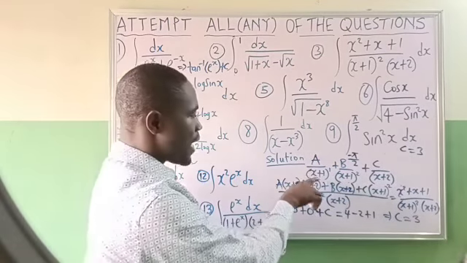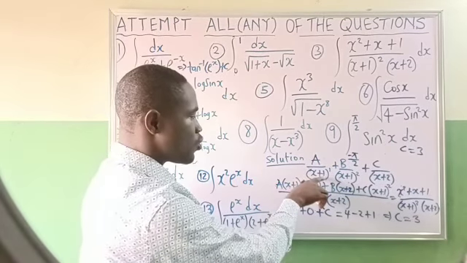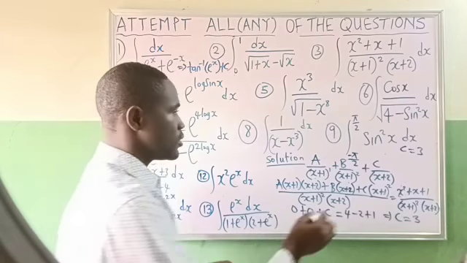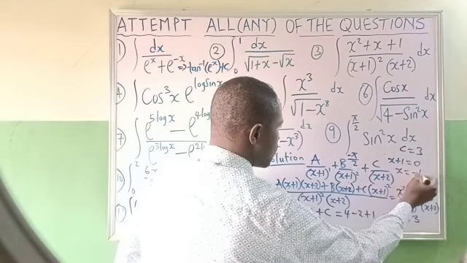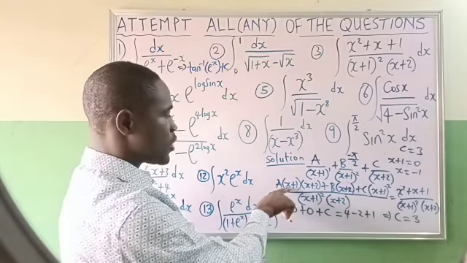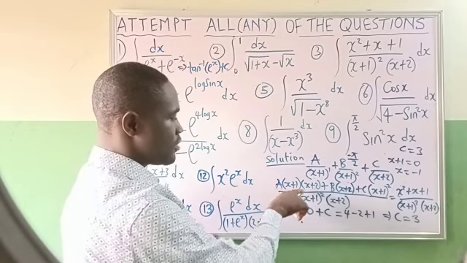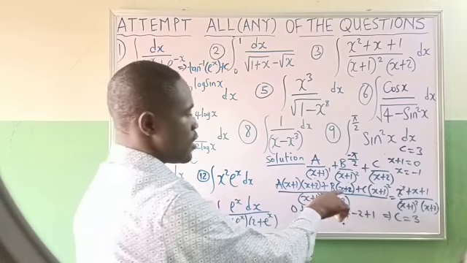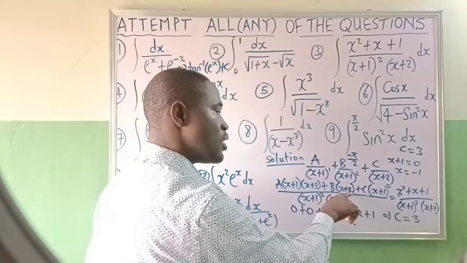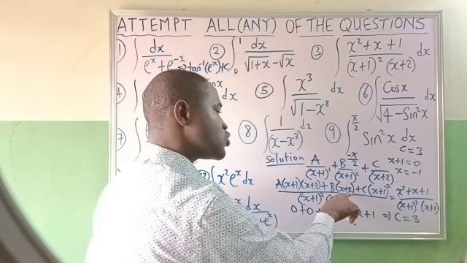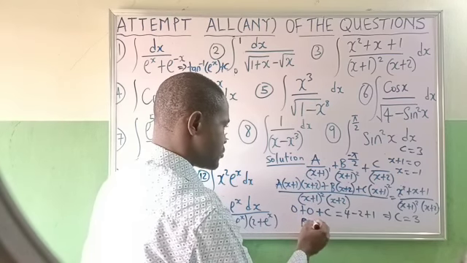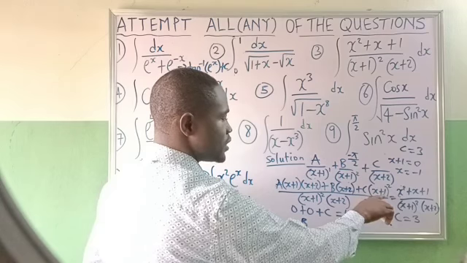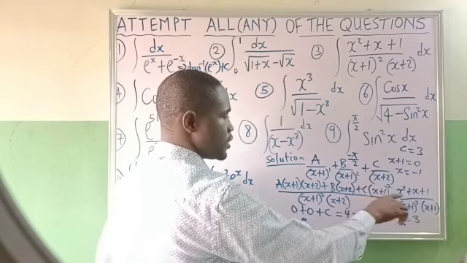Now, to get my B, make x plus 1 equal to 0. X plus 1 equal to 0, my x will be equal to minus 1. Minus 1, 0. Everything will be what? 0. Minus 1 plus 2, what will it give me? Minus 1 plus 2 is 1. 1 times B. Minus 1 plus 1, 0. Everything here will be 0.